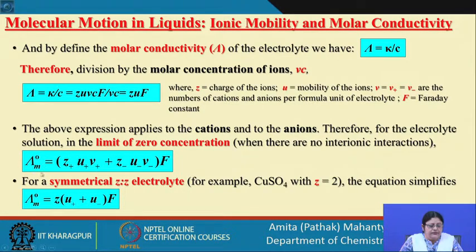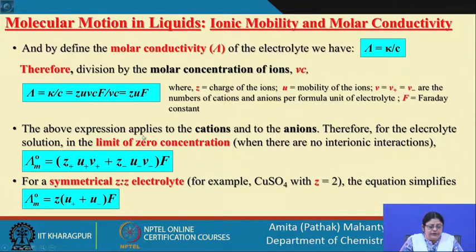Then we can have the molar conductivity or molar conductance at infinite dilution equal to, from this expression, the contribution of the plus ion, the mobility of the plus ion into the number of plus ions generated per unit formula, plus the contribution of the negative ions, the conductivity of the negative ions and the number of formula units of the negative ions generated, into F.